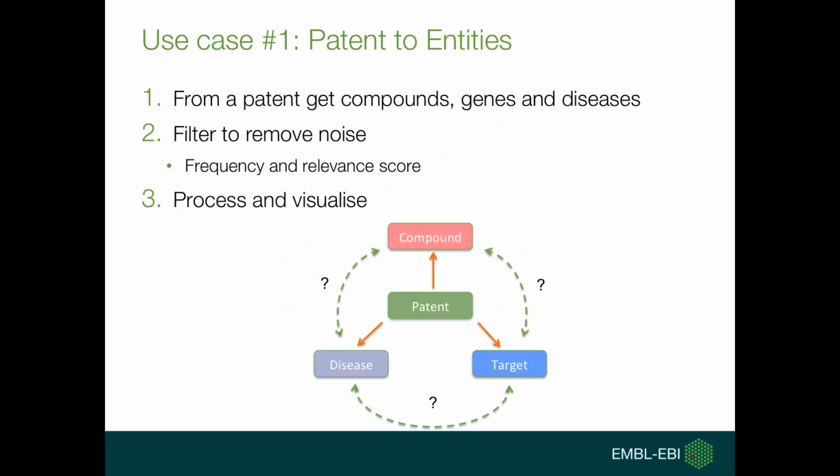So this is the first example. I will start with a patent document, and I will get the compounds, the genes, and the diseases mentioned in this document, and then I will use the relevance score and the frequency to filter out the noise and keep only the important entities and see if these entities make any sense.